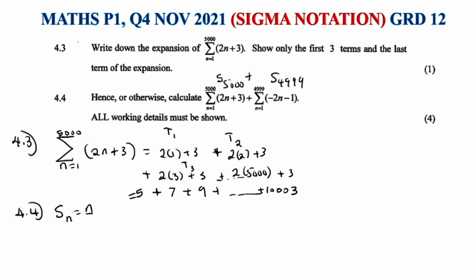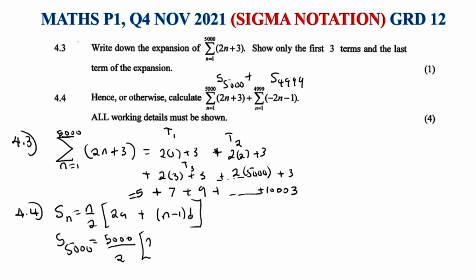Sn is equal to n divided by 2 close bracket 2a plus n minus 1 d close bracket. Therefore S5000 is equal to 5,000 divided by 2 close bracket 2a. What is a? A is 5 close bracket plus 5,000 minus 1 close bracket, d is 2.